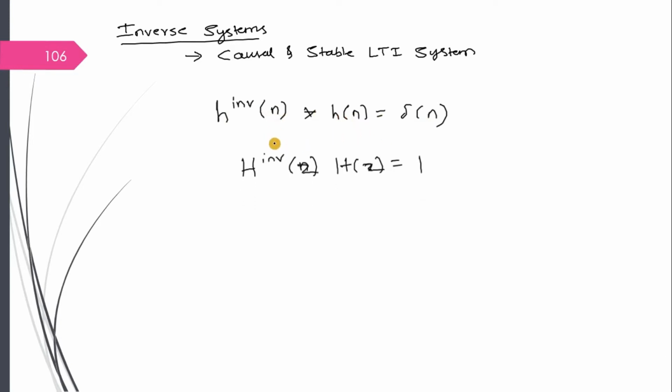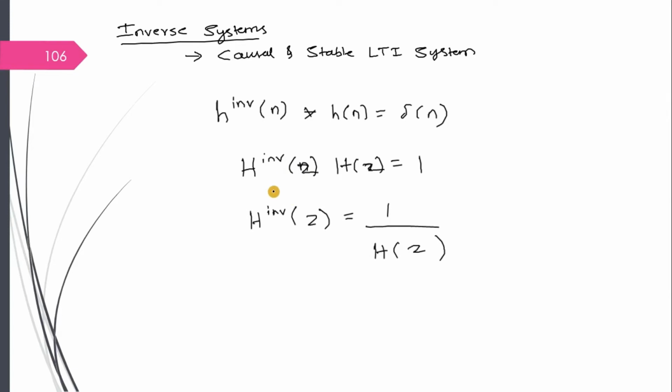So if I take it in the z domain or frequency domain, then small h inverse of n is represented as capital H inv of z. This is H of z. So convolution becomes multiplication, and z transform of delta n is 1. So this property we are utilizing.